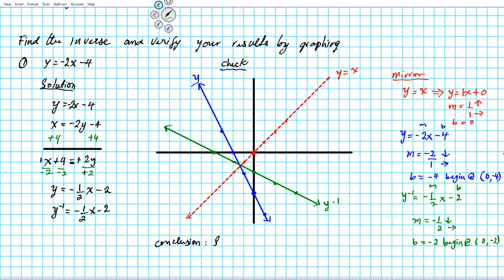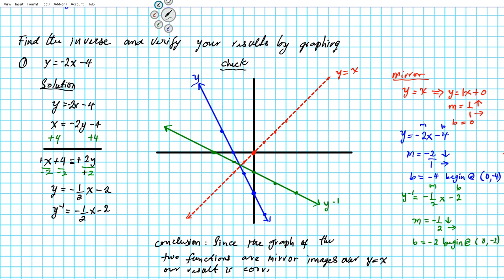Since the graph of the two functions are mirror images over y equals x, our result is correct.